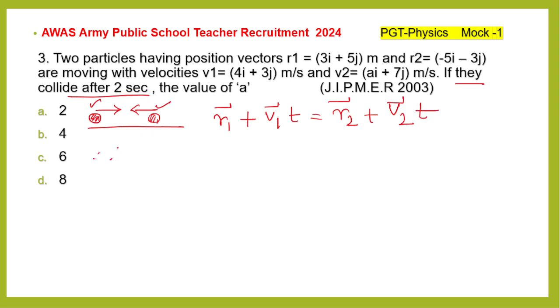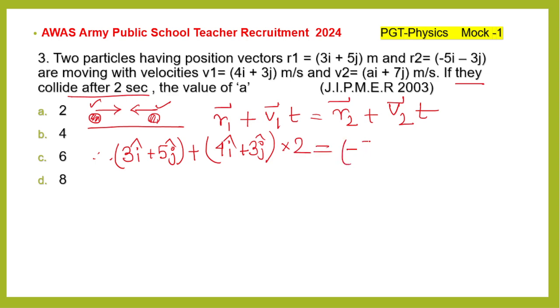So put this value: 3i plus 5j plus (4i plus 3j) into t, that is 2 seconds, equals r2, that is minus 5i minus 3j, plus v2, that is ai plus 7j, and here t is equal to 2 seconds.